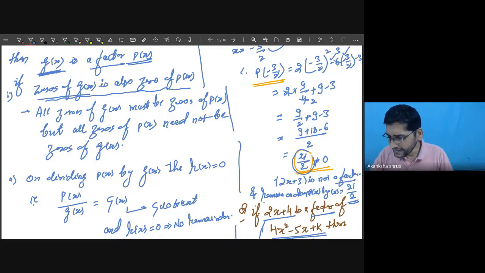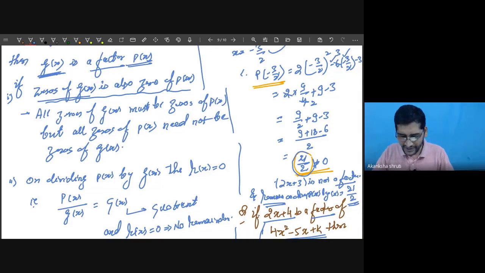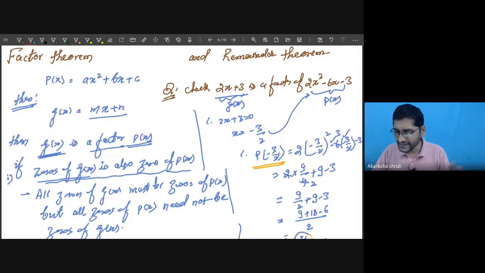So this way the remainder can be calculated. That's why the factor theorem and remainder theorem are always learned together. So here we have checked whether 2x plus 3 is a factor of 2x square minus 6x minus 3 or not, and also calculated the remainder.